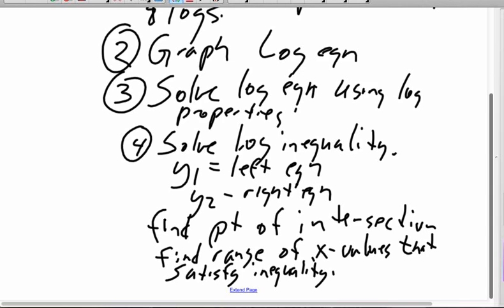That's 5 questions. So of the remaining 10 questions actually, there's going to be 3 questions on solving systems.